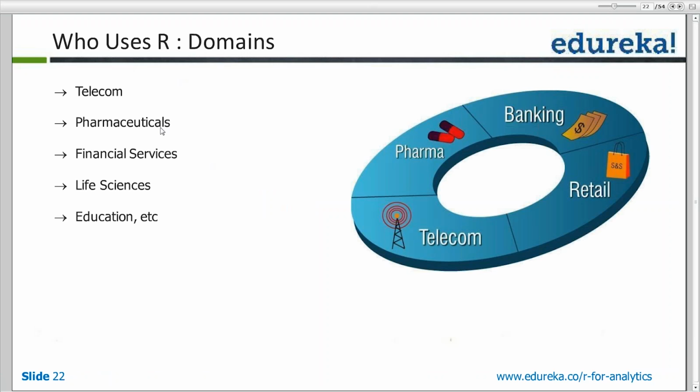I wouldn't list any particular domain, because R as a programming language, and the statistical analysis that you could do with it, is fairly agnostic to any industry as such. So wherever you have a data mining or a machine learning problem, you could use R.